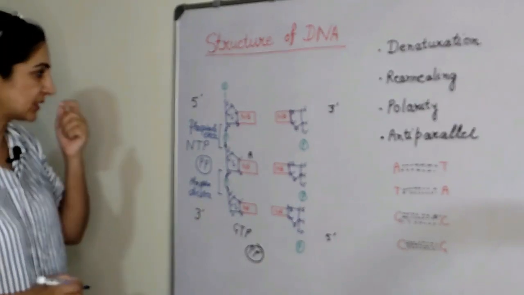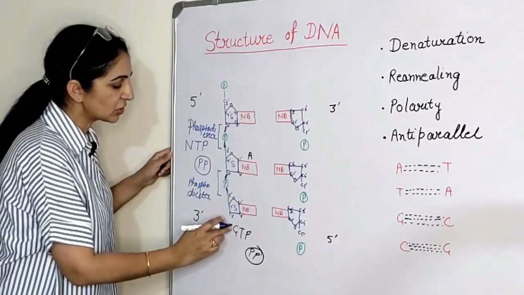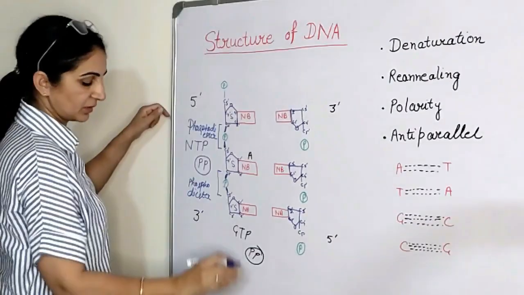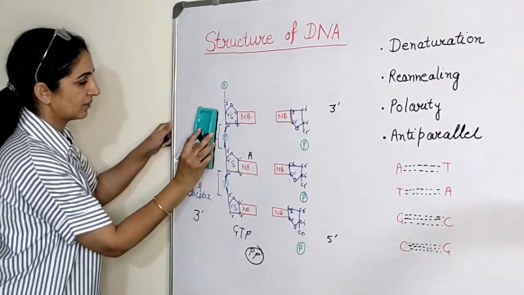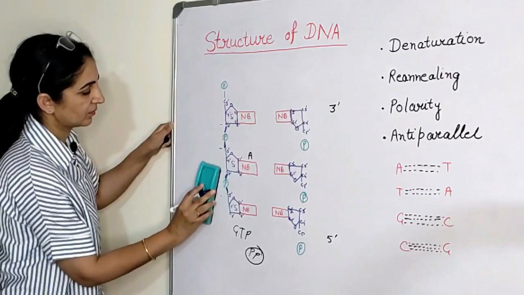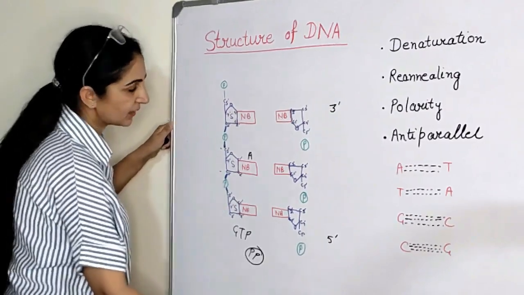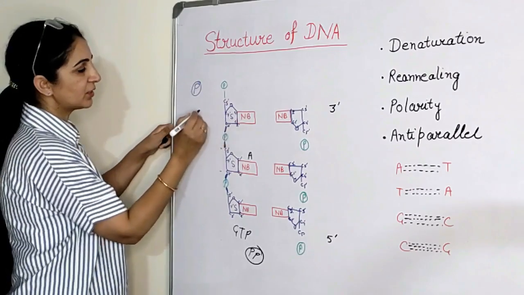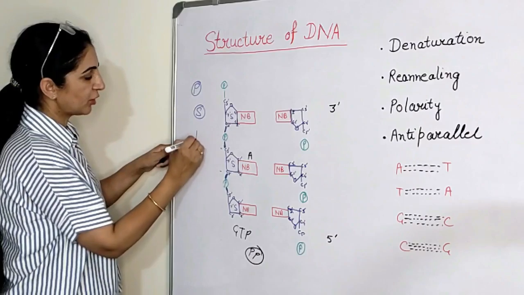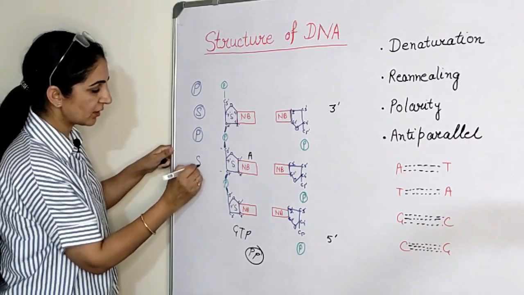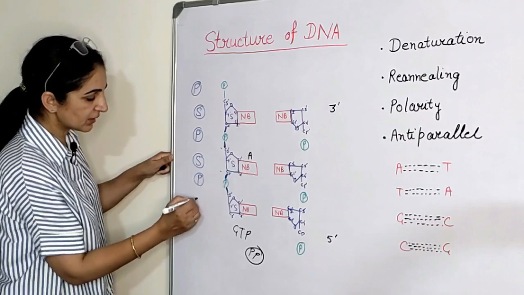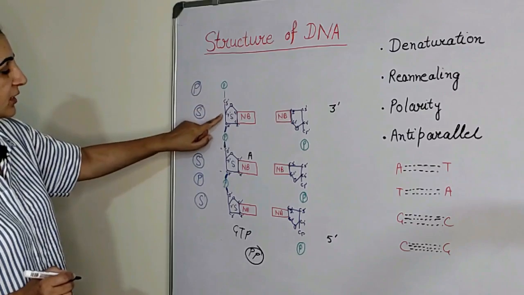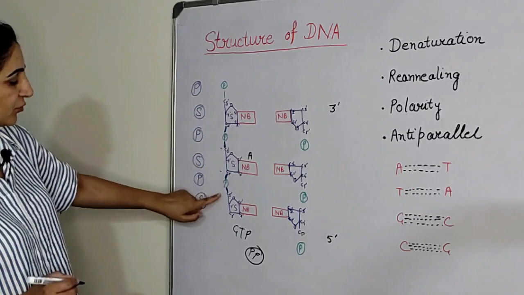In other words, we get a chain of phosphorus group, then sugar moiety, then phosphorus, then this sugar, again phosphorus, again sugar. So this is how we get a chain of phosphorus and sugar subunits, phosphorus, sugar.